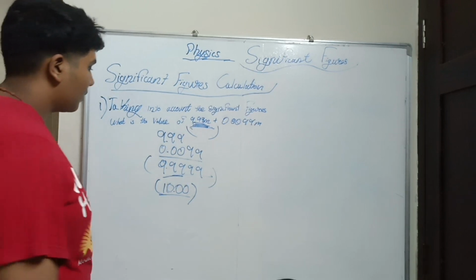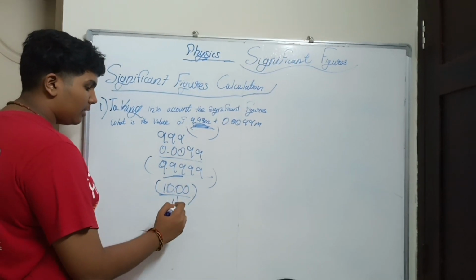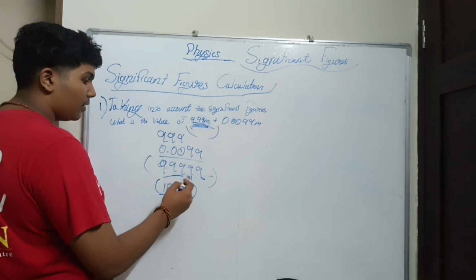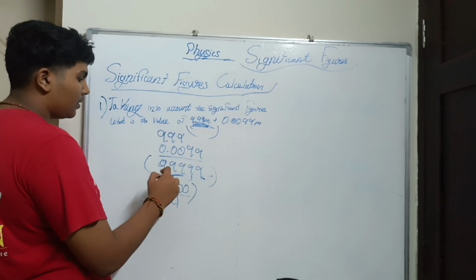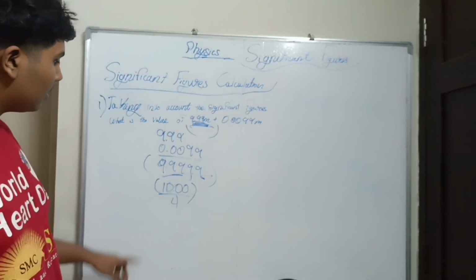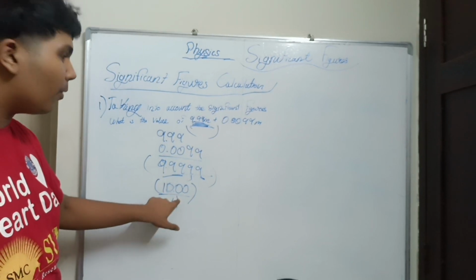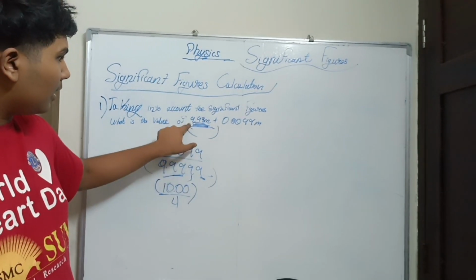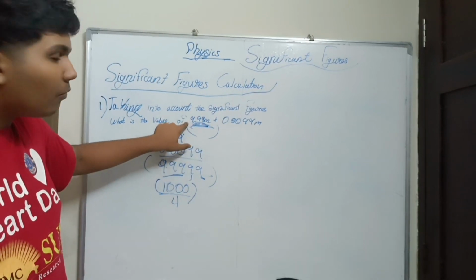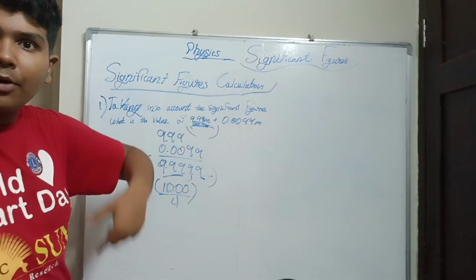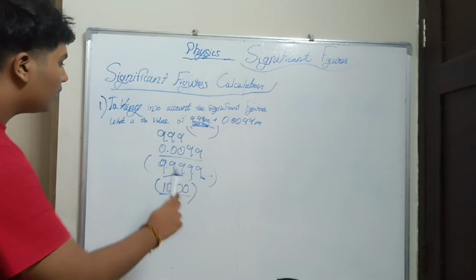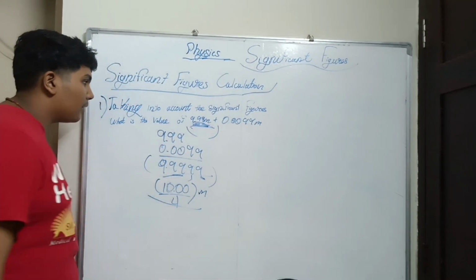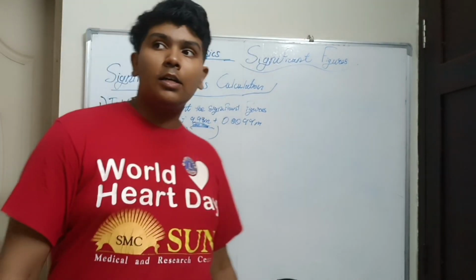This has 4 significant figures. Since this is a 9 we took, and if we just put this 1, then 10.00. You have to write the unit, meter. So this is the final answer of this question.